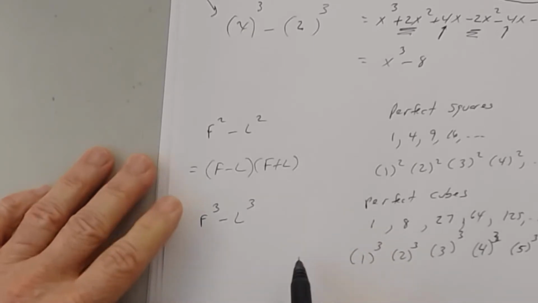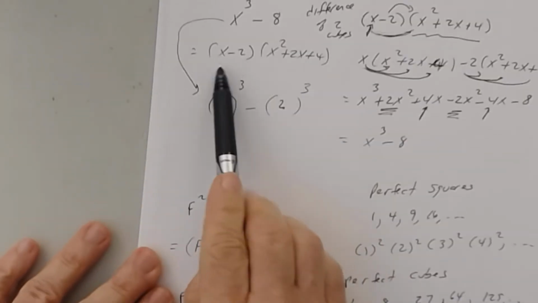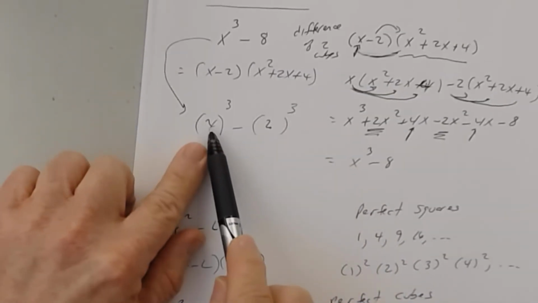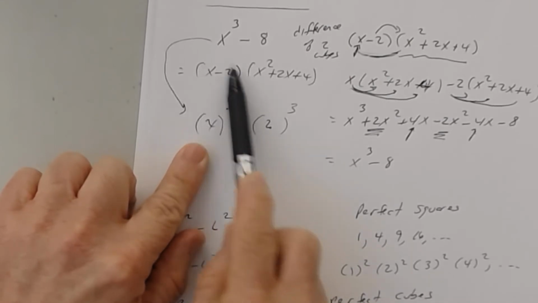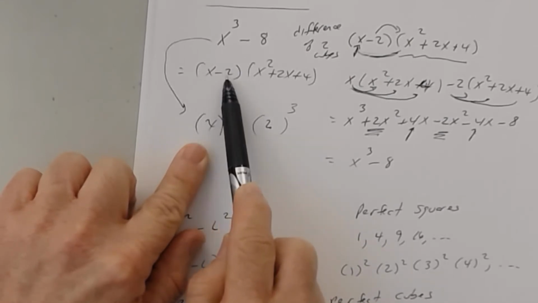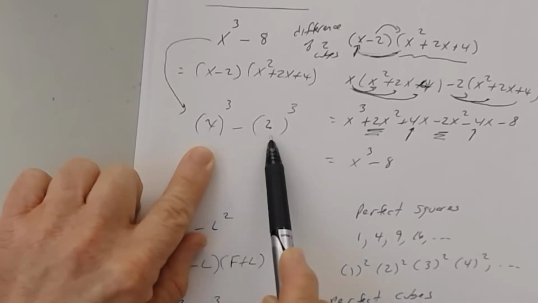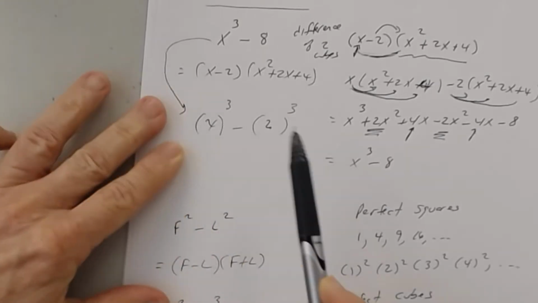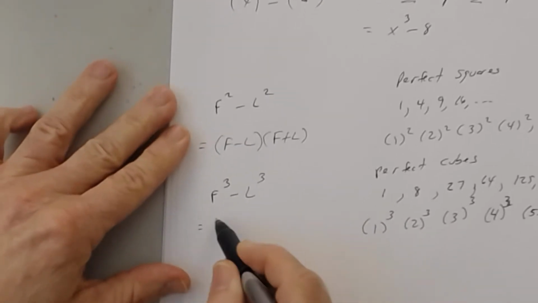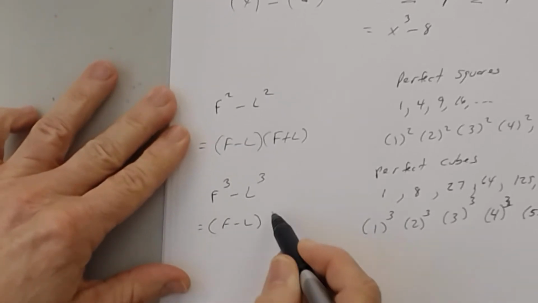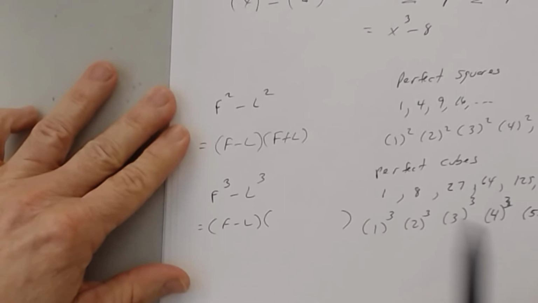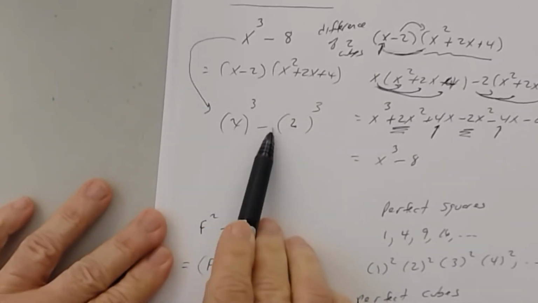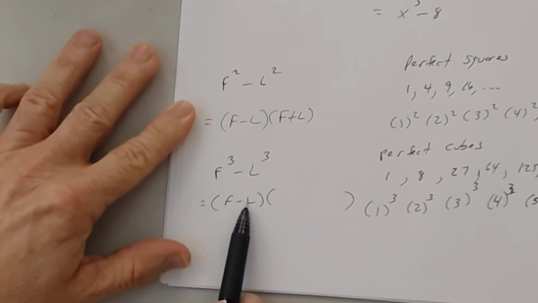All right, well, look at this. I want you to compare. Remember, that's the answer right here, right? So you see my first factor is that binomial, x minus 2. Well, isn't that what you see inside the parentheses? So f and l. So do y'all agree that my binomial will be f minus l? X minus 2, f minus l.